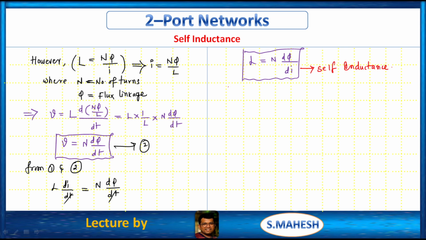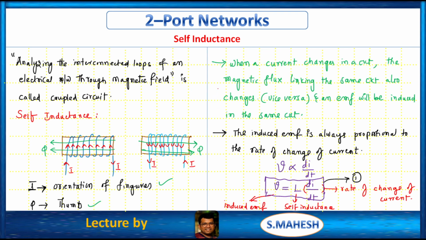Then what about mutual inductance? So coming to self inductance, if the amount of current changes in the circuit, obviously the flux in the same circuit also changes. That is called self inductance. So coming to mutual inductance, what is the meaning?